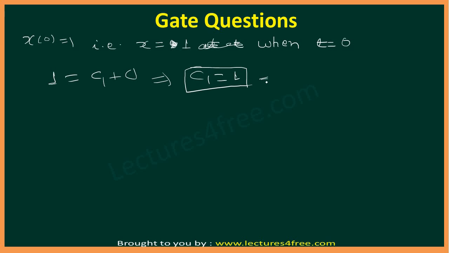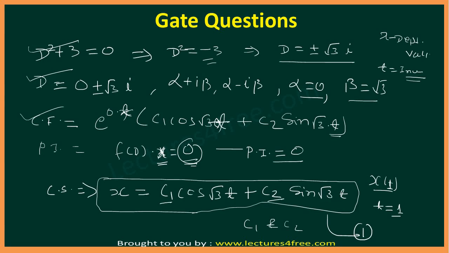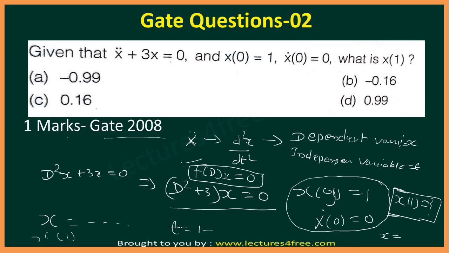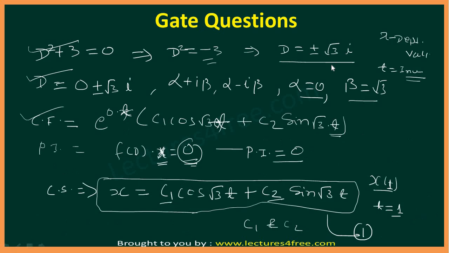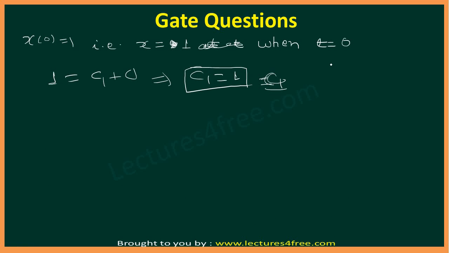Now you got the value of c1, so now find the value of c2. To find the value of c2, let's apply the second initial condition. Our second initial condition is x dot 0 is equal to 0. Here x dot represents the first differentiation of x.